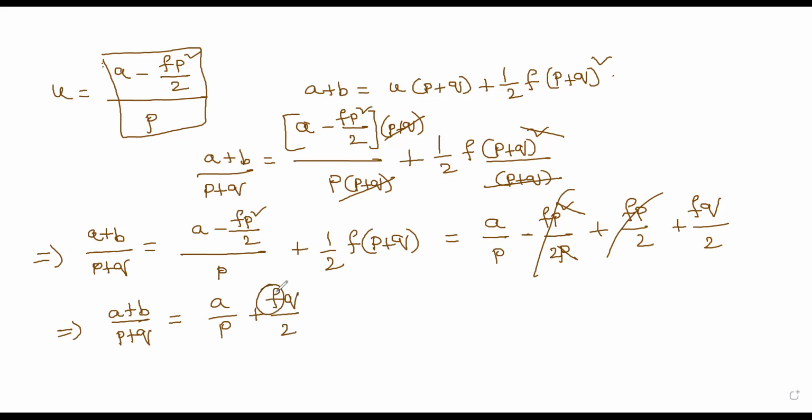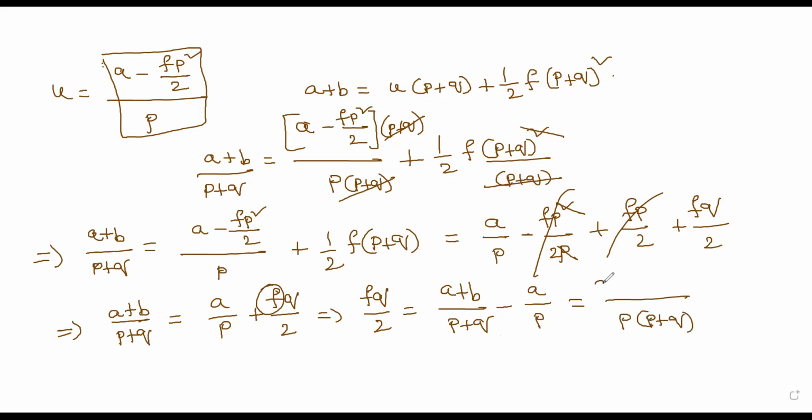And then we have to find f out of this equation. So we can write fq by 2 is equal to (a plus b) by (p plus q) minus a by p. This is what we have. And let's take the LCM. So p into (p plus q) in the denominator, and then when you crisscross, that is ap plus bp, p multiplied here, minus ap minus aq over there. This is what fq by 2 is, and the ap gets cancelled out.